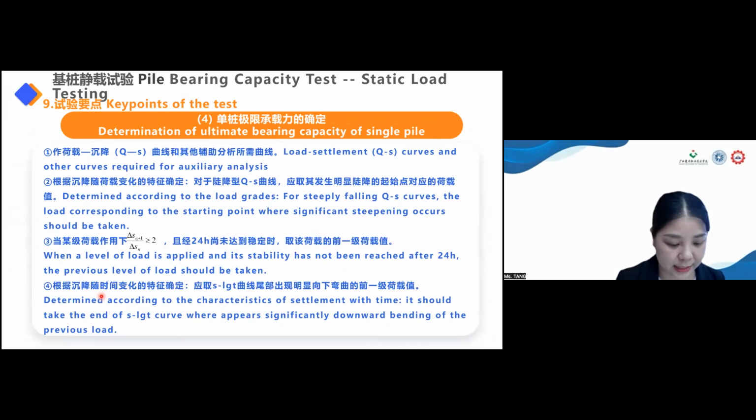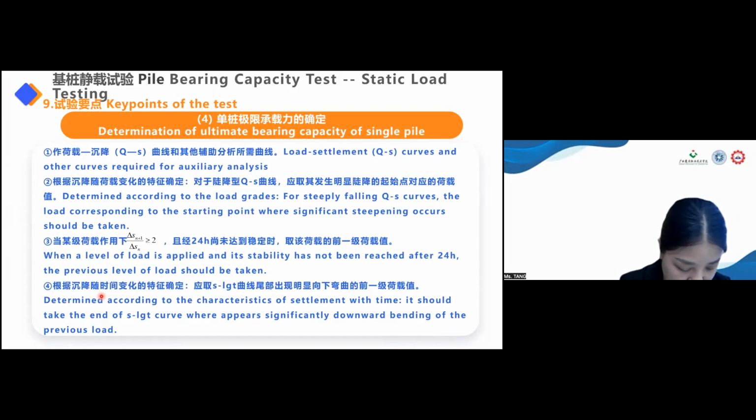After the test is completed, the ultimate bearing capacity of a single pile can be determined according to the following 6 points. 1. Plot the Q-S curve and the other curves required for auxiliary analysis. 2.